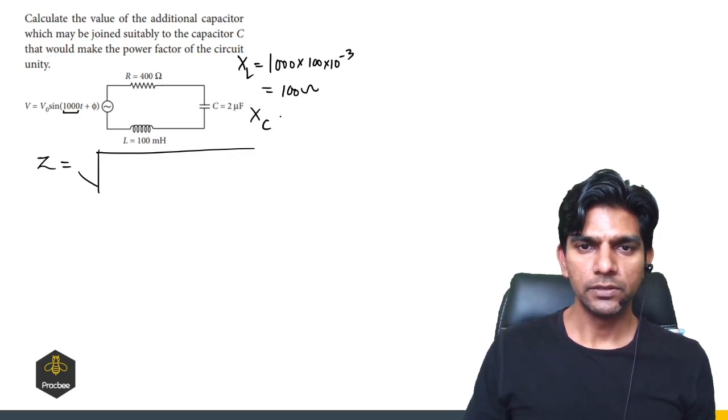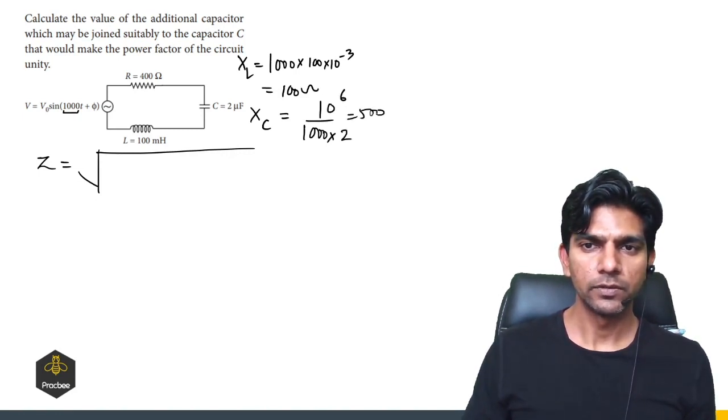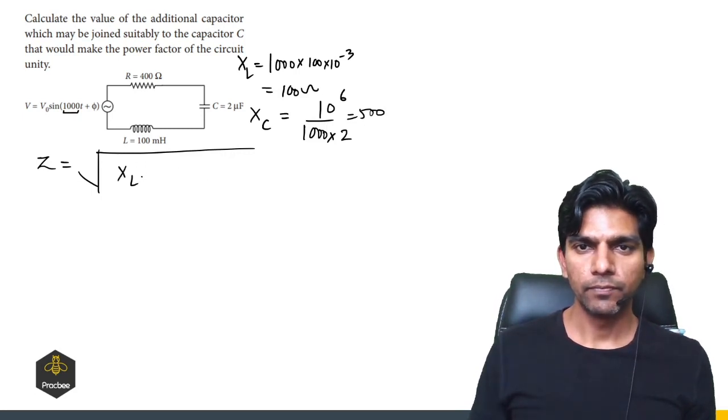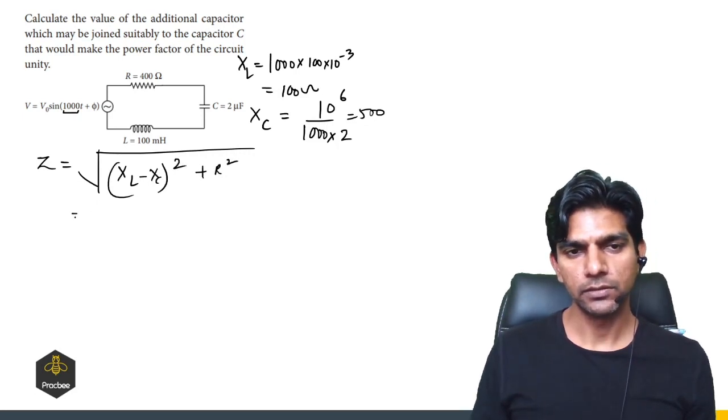Now what is the capacitive reactance? It will be 1 by 1000 times C. So 2, and this will be 10 raised to power 6. So this will be 500. So it will be root of (XL minus XC) square plus R square.